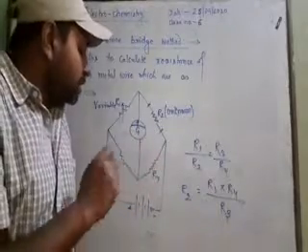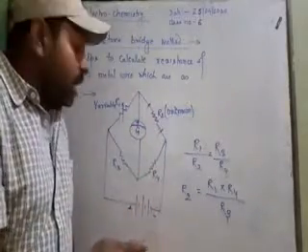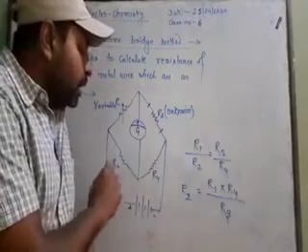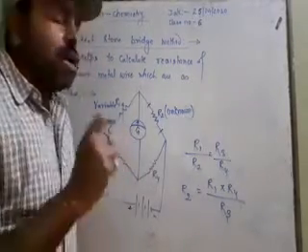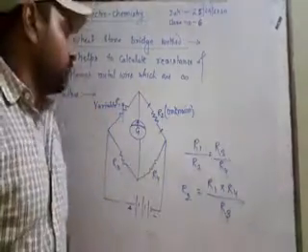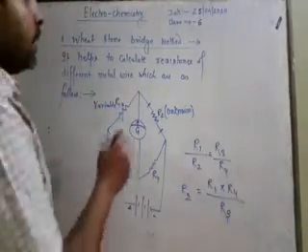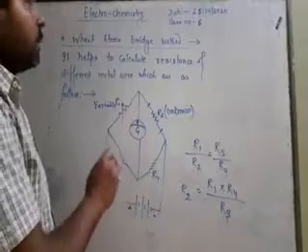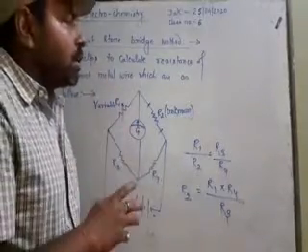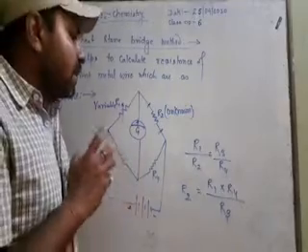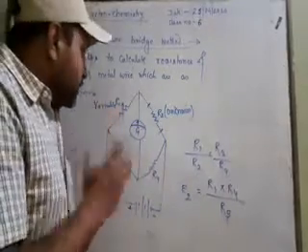And third, if we use an AC source in place of DC, then the galvanometer does not give the exact value. So students, some corrections are made in the bridge method to calculate the unknown resistance of an electrolyte solution.